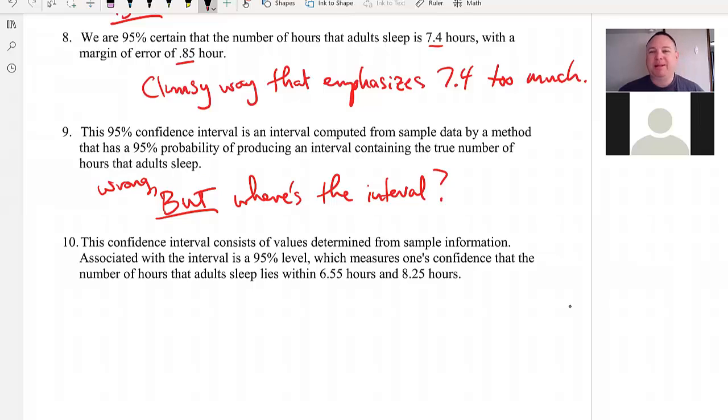You could say maybe it's half right. It doesn't really nail what it should say. This confidence interval consists of plausible values for the number of hours that adults sleep. That's really what we're saying. So let's just call this one a half credit. Needs revision.